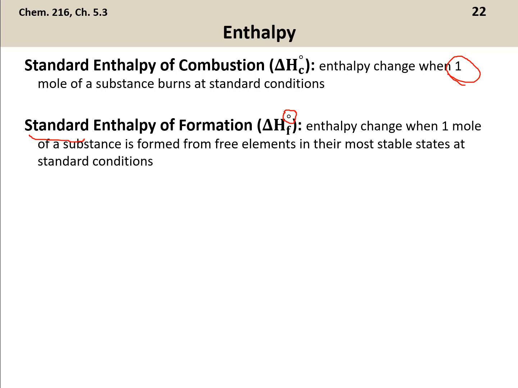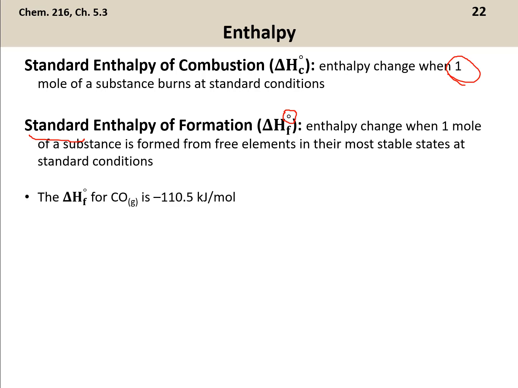All right, so combustion is what you get from burning something. Delta HF is the enthalpy change when 1 mole of substance is formed from its elements in their most stable state. Okay, so this is taking all these things and putting them together.